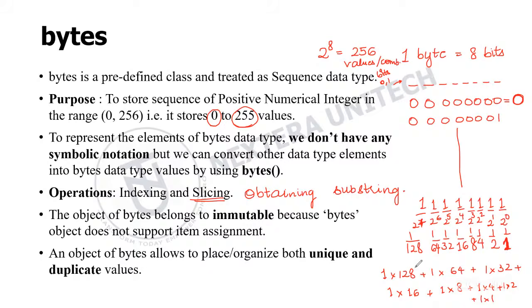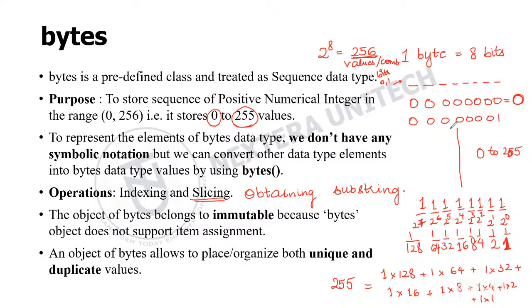If you add all this, you will get 255. That is why your range will be from 0 to 255. All these are the 256 values or combinations we get from 8 bits.